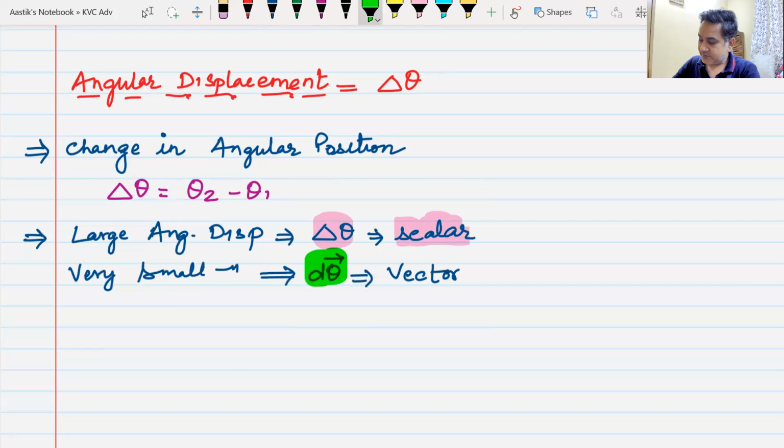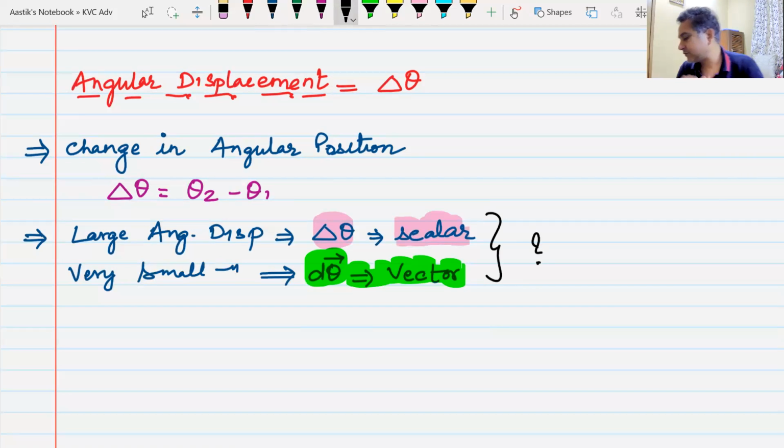D theta is a vector. Why is that so? Find it out. Why is a large change in angle a scalar and a small change in angle a vector? Find it out.